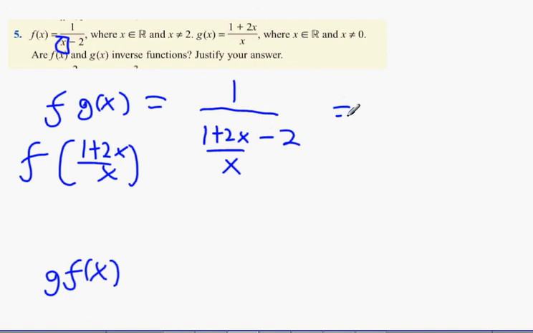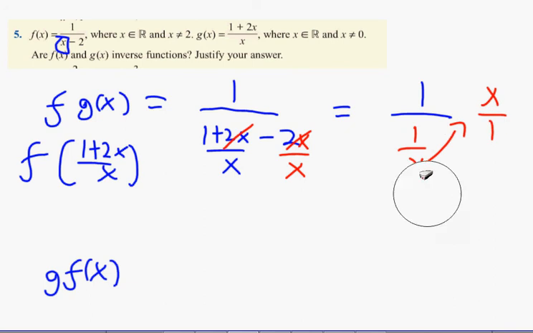So it's going to be 1 over, and I should make this an x and this one an x here. So I'm going to end up with 1 over 1 over x, because the 2x is cancelled. And then I'm going to bring that up, turn it upside down to x over 1. The answer is x. It proves that it's an inverse.